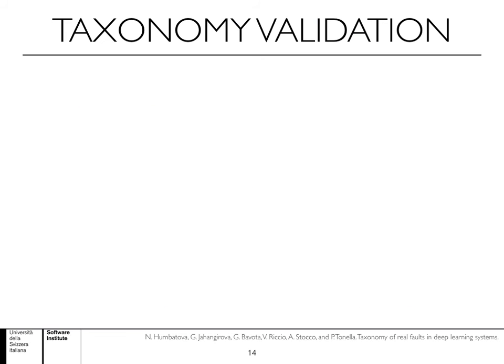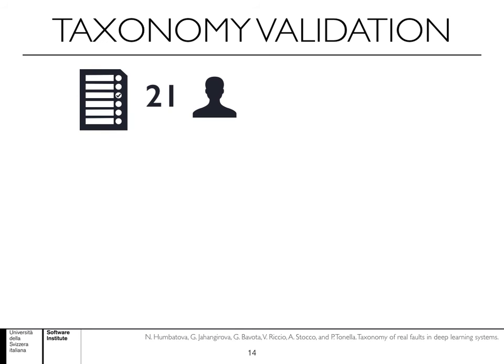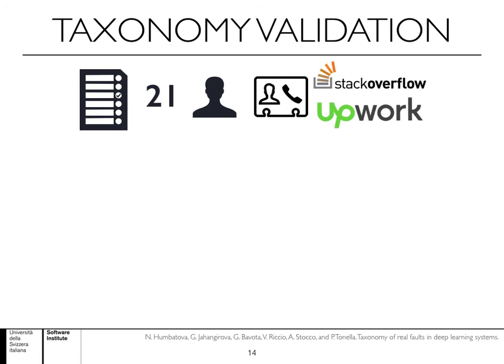To ensure that the final taxonomy is comprehensive and representative of real DL faults, we validated it through a survey that involved a new set of practitioners or researchers that were recruited through the same sources as for the interviews. To conduct the survey, we used the Qualtrics web tool.